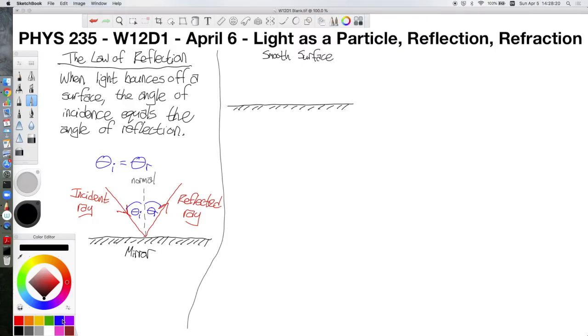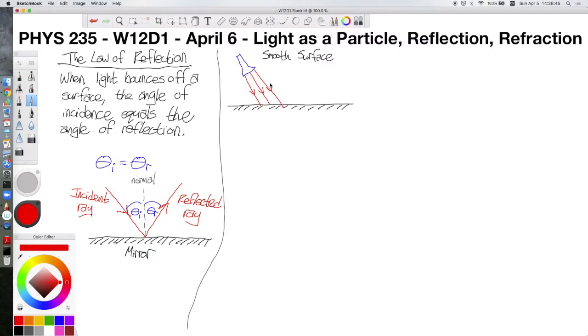If we imagine shining a flashlight onto this surface, we might have our flashlight up here pointing this direction, and rays are coming out of that flashlight. And I'm just going to draw 3 of them. One here, and one here. Mostly parallel, but generally all traveling in the same direction.